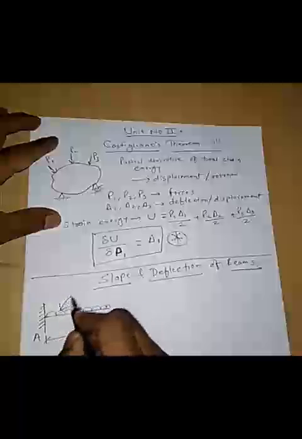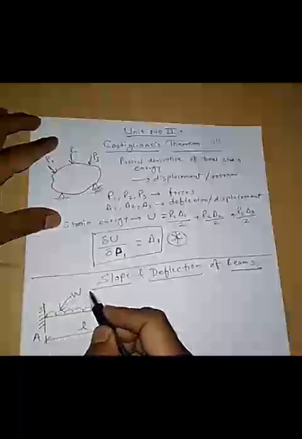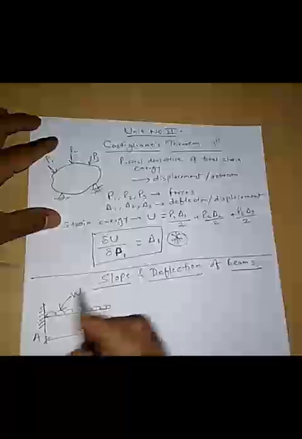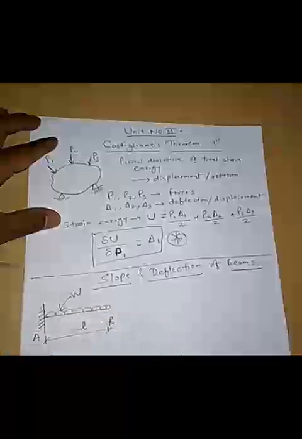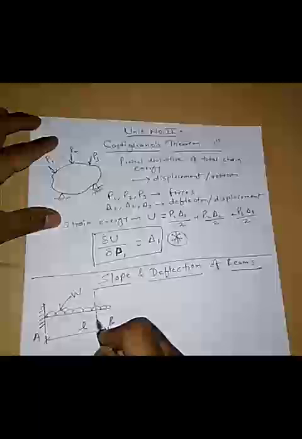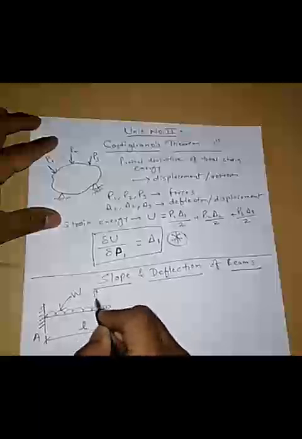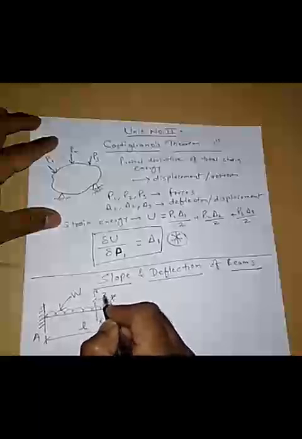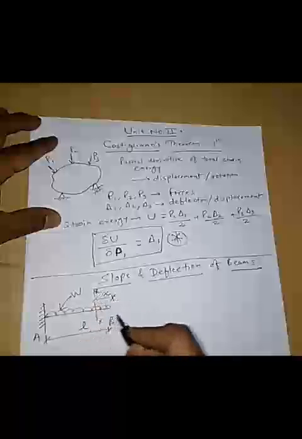If you want to take the bending moment at a section, let us take this XX, which is at a distance of x from point B.